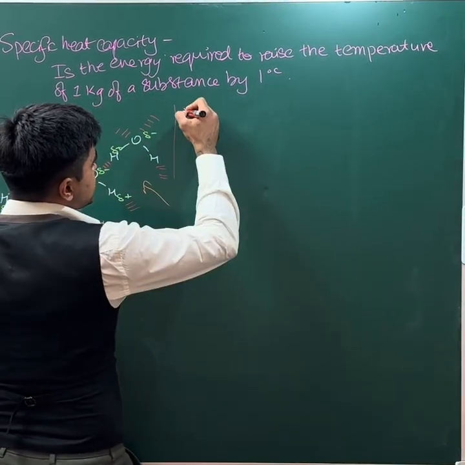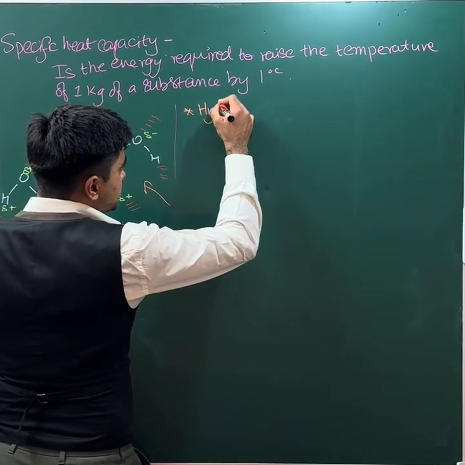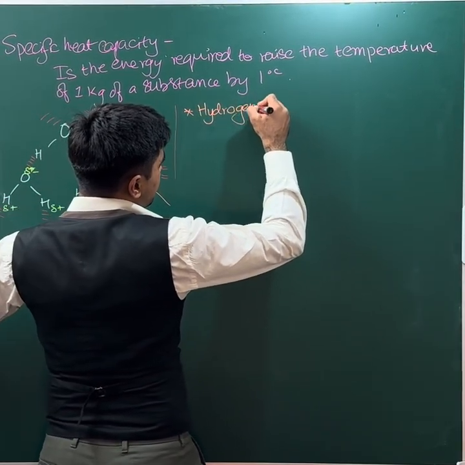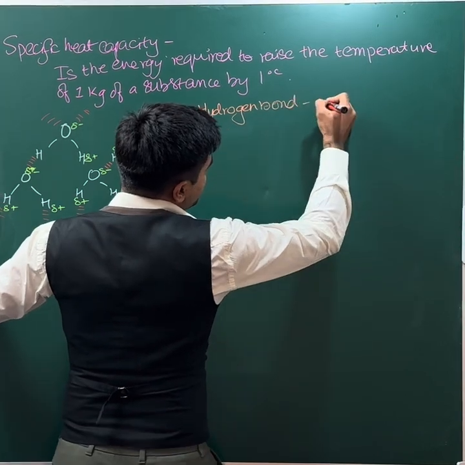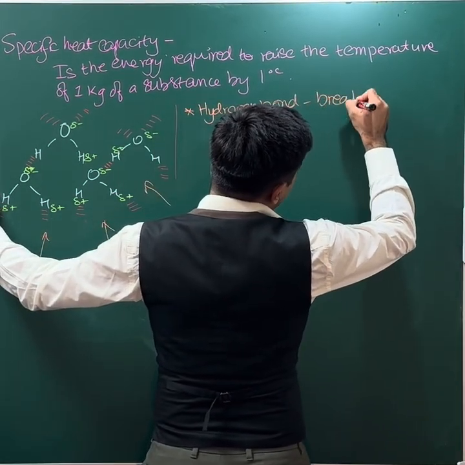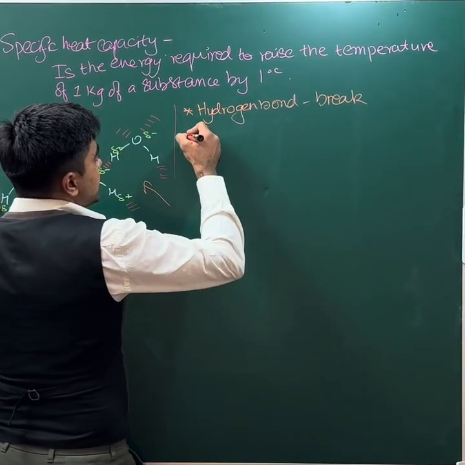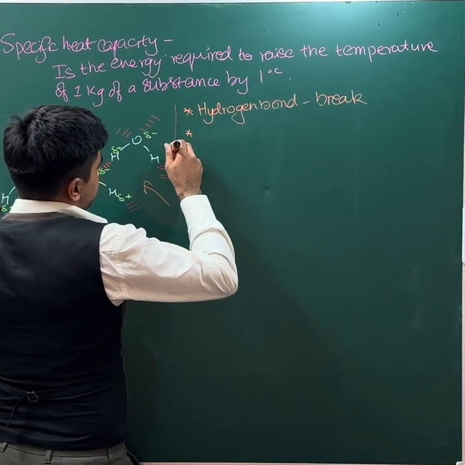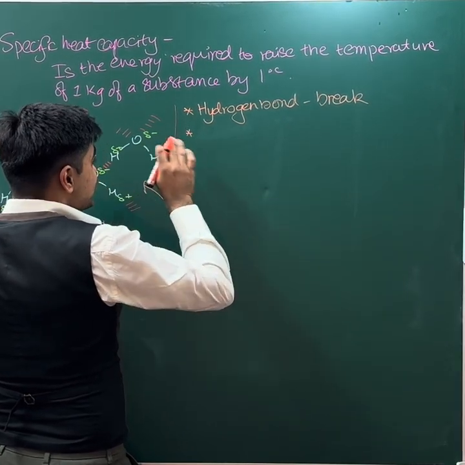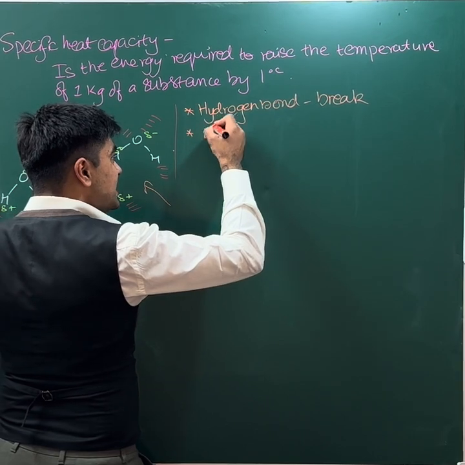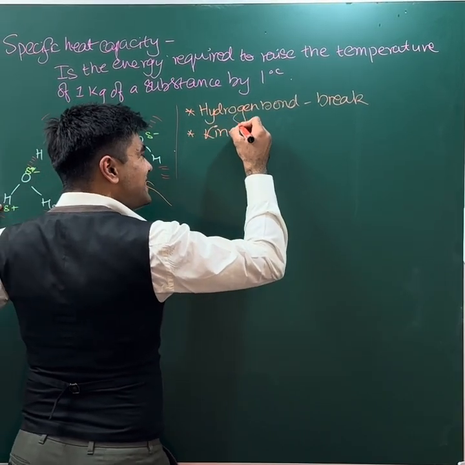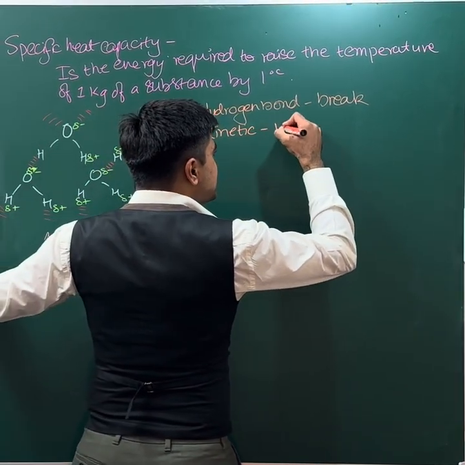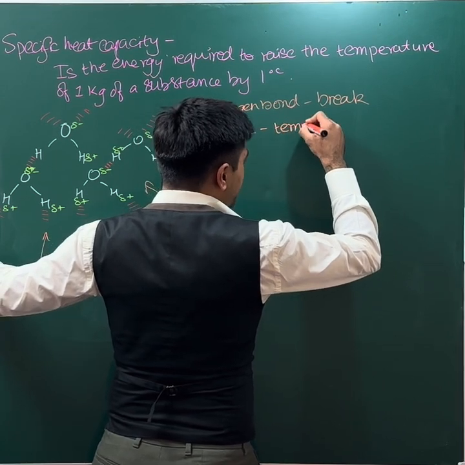The first recipient is our hydrogen bond, to break it. The second place that this energy is going is in fact kinetic energy. Now, if it's going to kinetic energy, the second one, that means the temperature is going to increase.